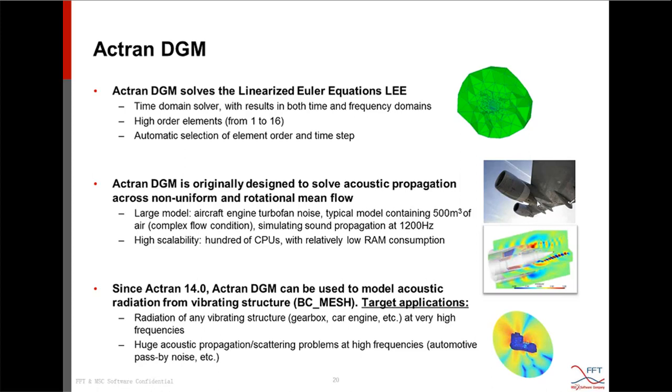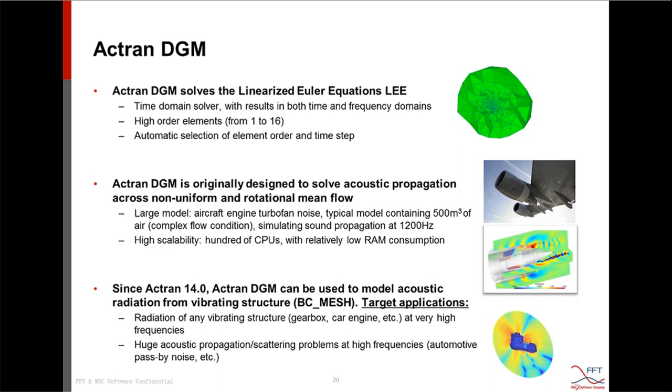For example, if we want to solve the acoustic propagation from around a vehicle to solve the pass-by noise, then we can also use DGM to arrive at larger problem scale and higher frequencies. So just to give you an idea of what we can arrive at today.